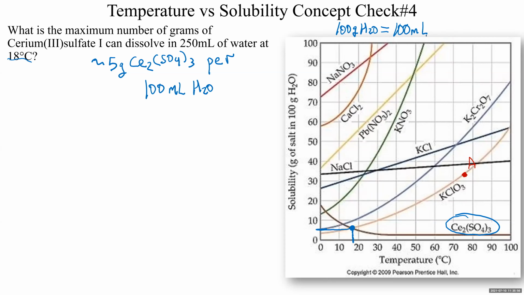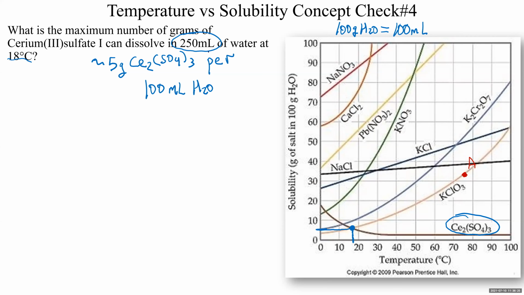So does that mean our answer is 5 because the graph intersected the 5? No, of course not, because we're not asking about 100 milliliters of water. We're asking about 250 milliliters of water, right? We're not asking for 100. If we have more water, clearly we can dissolve more compound before reaching the saturation point. Okay, so it turns out we have 2.5 times as much water.